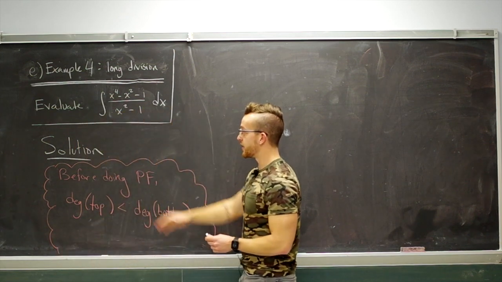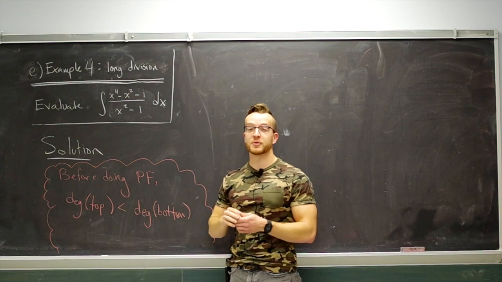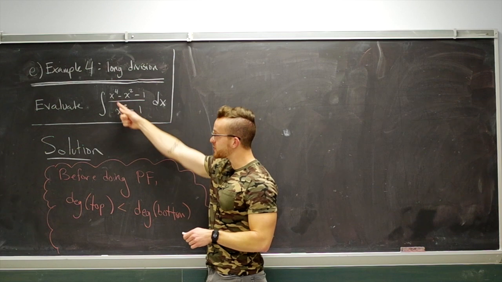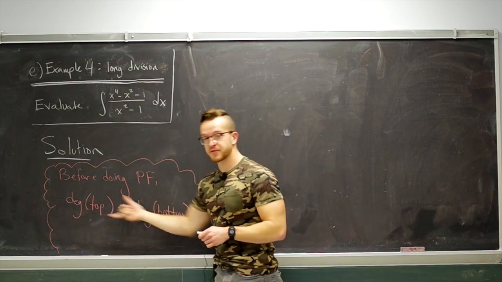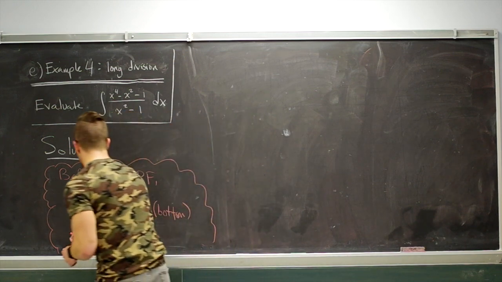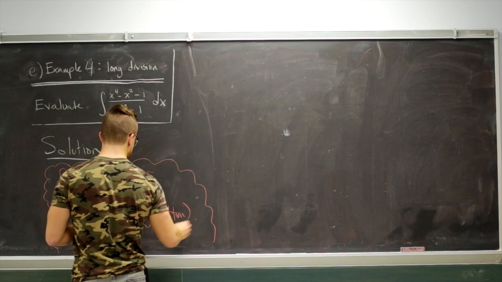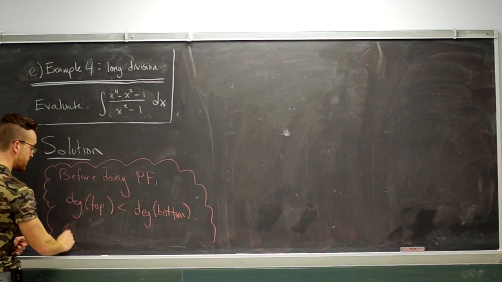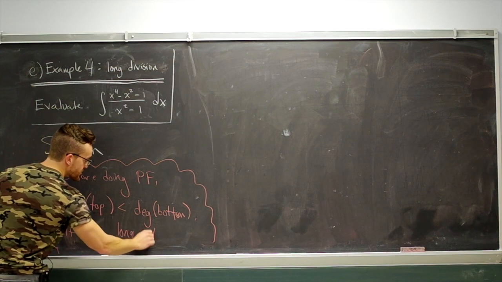And if that's not the case, as with this example, your first step is to do polynomial long division, unfortunately. In other words, we first have to divide these polynomials so that we force this to happen. So if not, do long division.